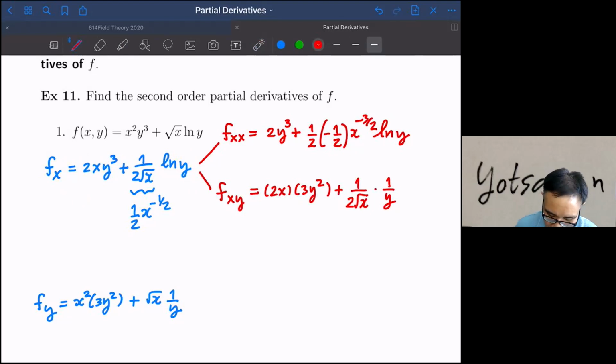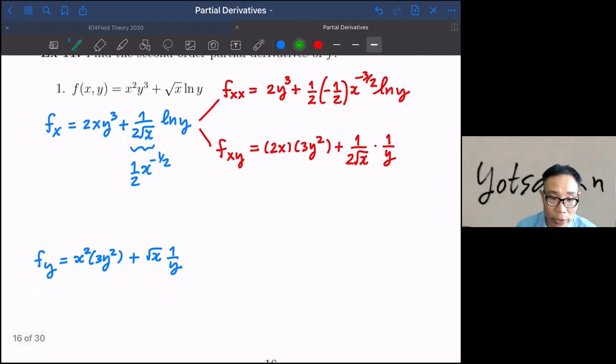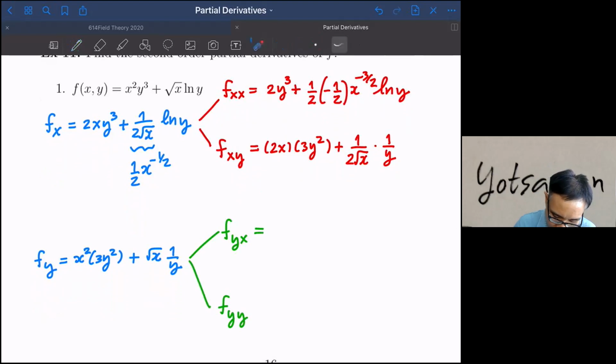And the next two will be, you're going to differentiate with respect to x and y again, of fyx and fyy. So you see fyx is going to be, you differentiate fy with respect to x. The thing that you get is going to be the derivative of this term and this term.